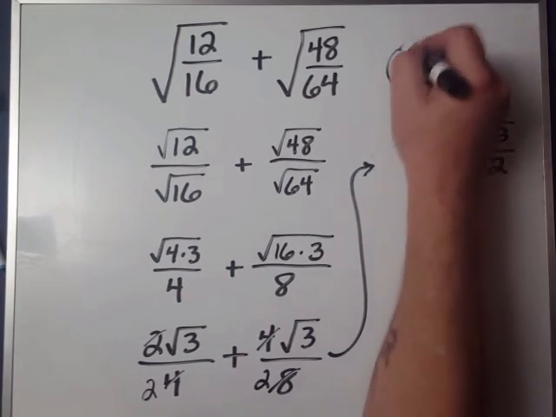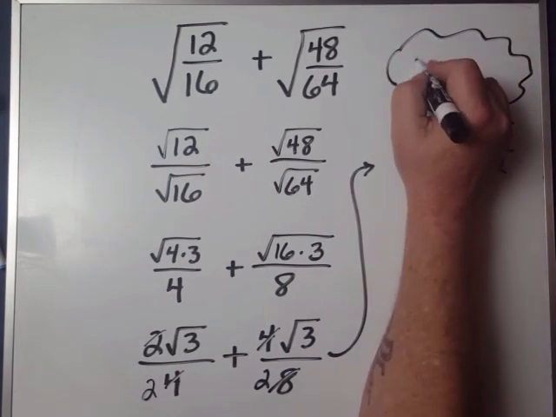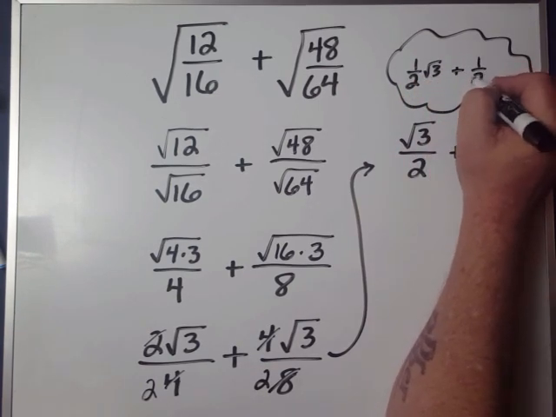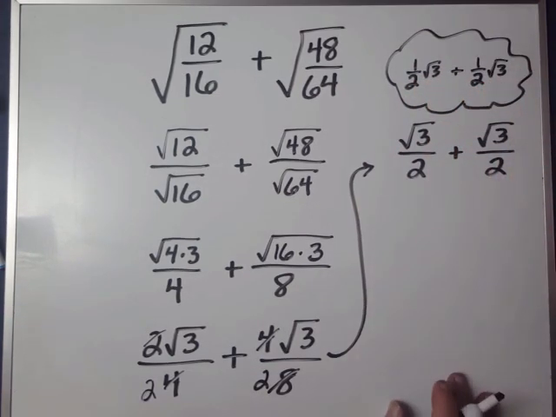Remember what this really means. This is a 1/2 square root of 3 plus another 1/2 square root of 3. What is that total? 1 whole square root of 3.